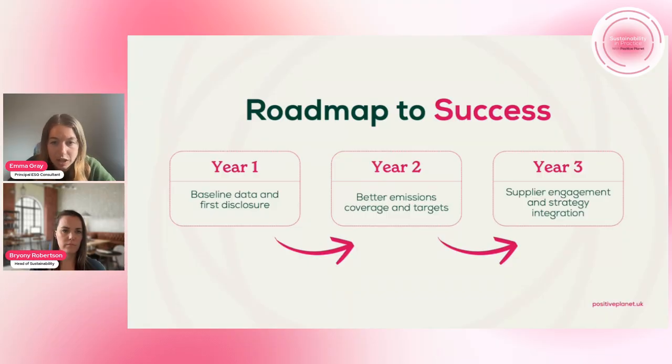And then to year 3, you've got the data in a good place, appropriate targets are set. So you can really start to think about how to score those leadership, those A scoring points, particularly by having a supplier engagement program and disclosing how sustainability strategy is considered as part of that wider business strategy.